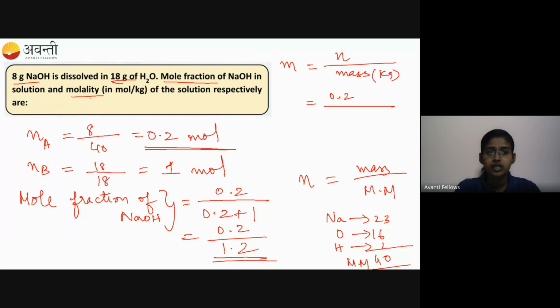Water is the solvent. Mass of the solvent should be represented in kilogram, but it is given in terms of gram. So what I have to do? I have to divide this 18 by 1000. So that goes to the numerator. Very good, Hashira. The answer is 11.11 molal.